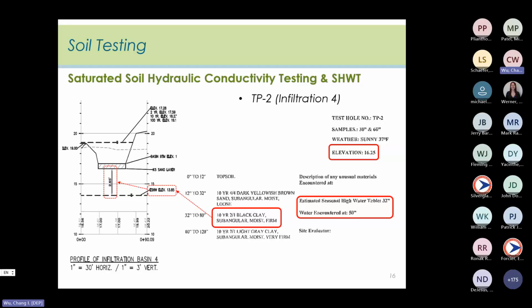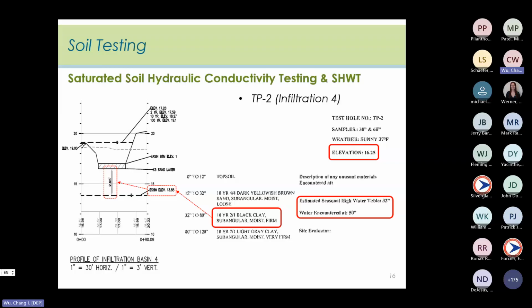After checking the soil exploration depth, we then have to check the saturated soil hydraulic conductivity testing and the seasonal high water table. I have to look into the details of the site plans.